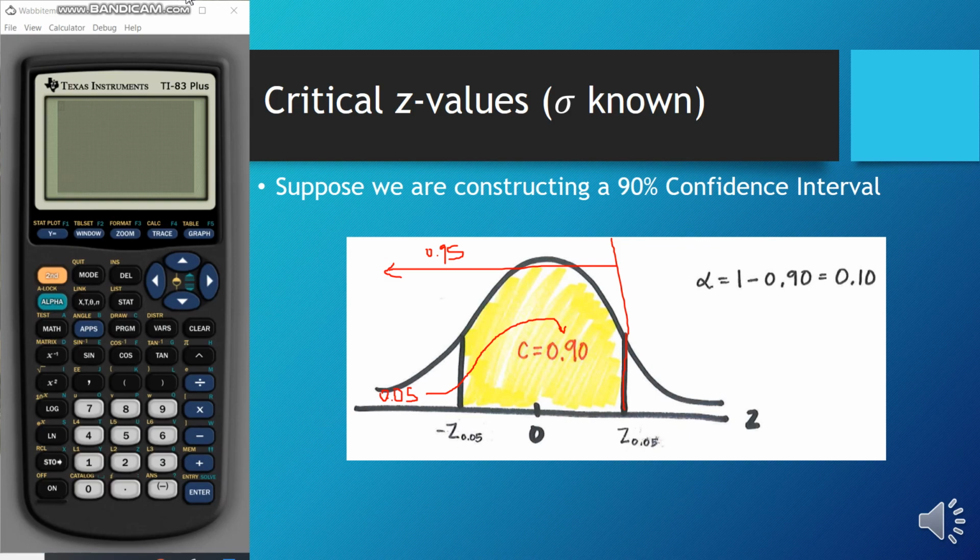All right, so I'm going back to inverse norm. This time I'm doing 0.95. Close the parentheses. And there you have it, 1.64. So as you can see, these critical Z values are mirror images of each other.